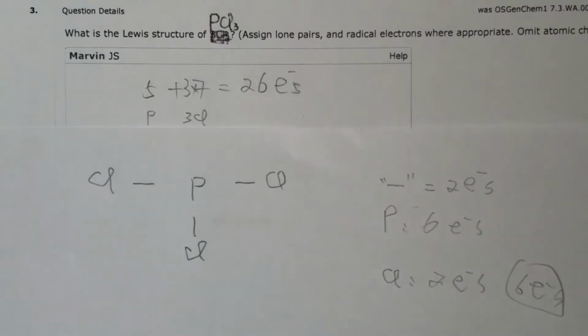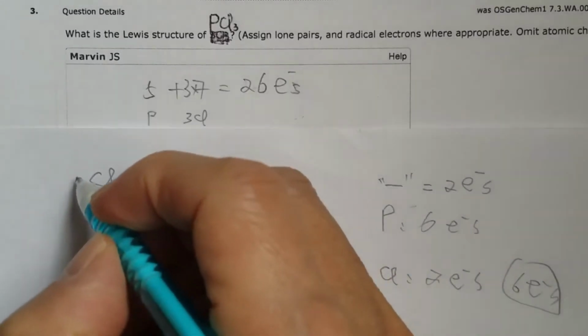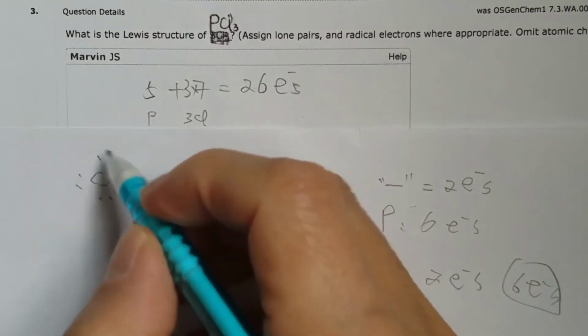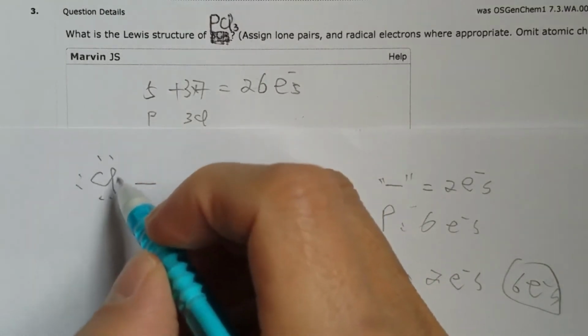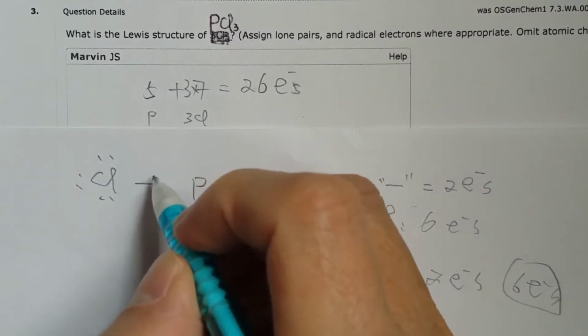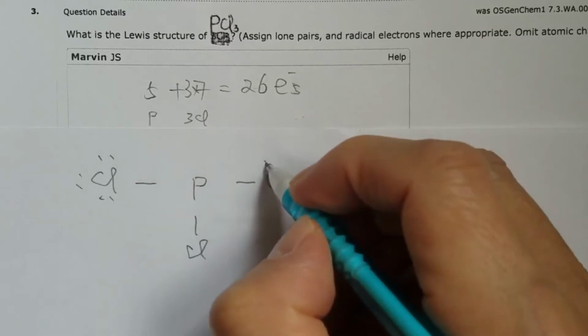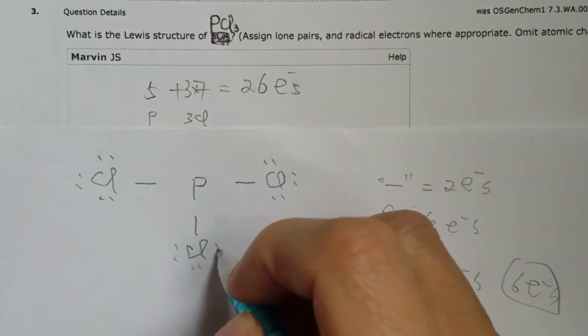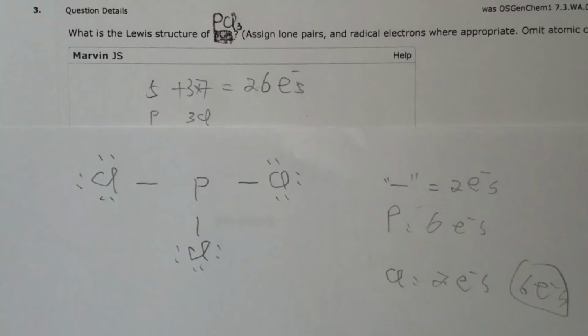Now let's assign those electrons. That's 6 already, is that right? 3 pairs, 3 lone pairs, that's 6, plus the 2 bonding electrons, that's 8. Same thing for the other 2 chlorine atoms.